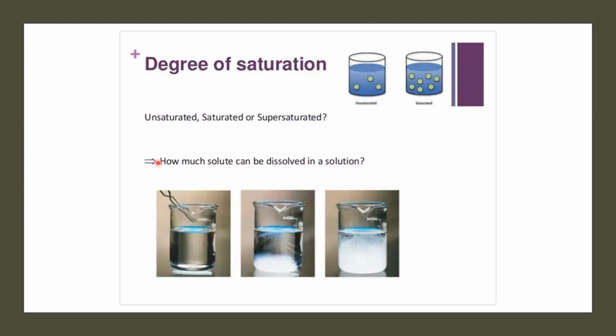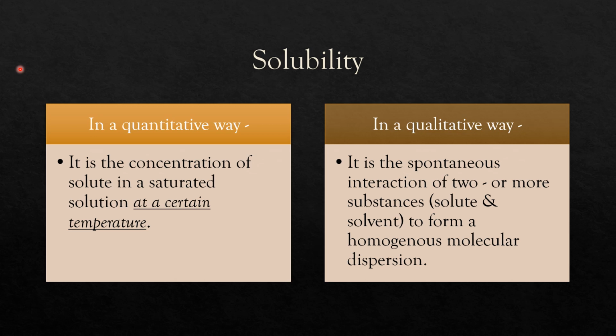So we have here a diagram of our solution based on the three classifications: unsaturated, saturated, and supersaturated. This one here is an unsaturated solution. This one here is a saturated solution, and this one here is a supersaturated solution. Solubility can also be defined in a quantitative and a qualitative way.